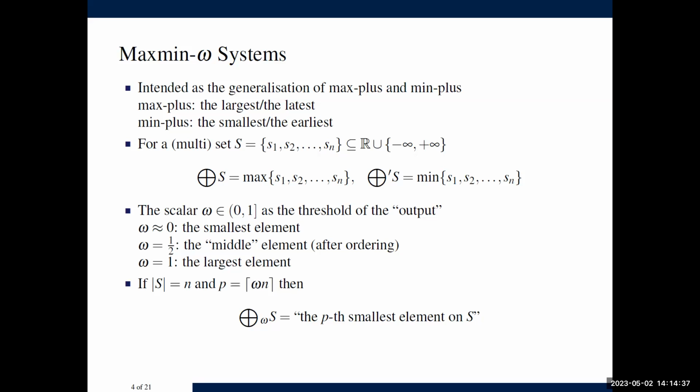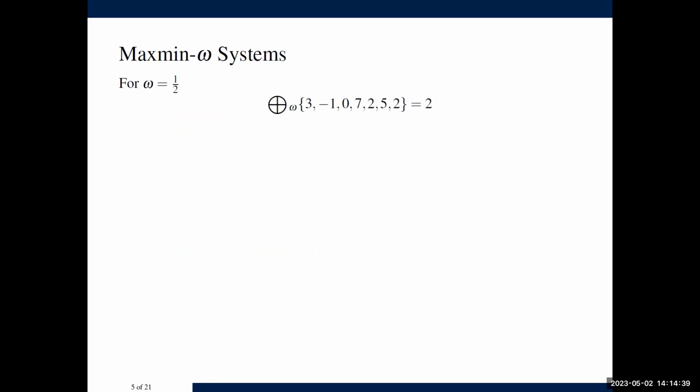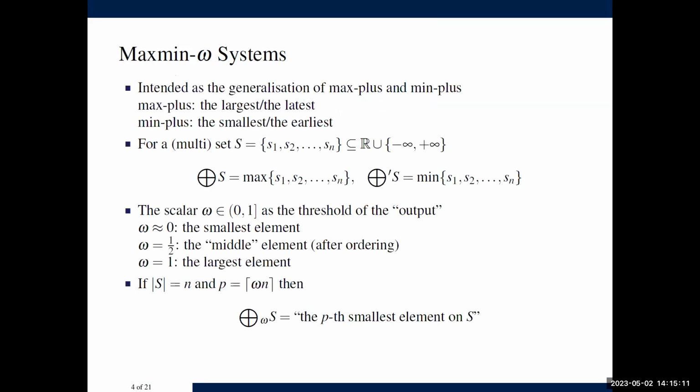So for example, we have this set. If we take omega equal to something small, close to 0, then obviously the output must be -1, because that is the smallest one. If omega equals 1, that will give us 7, because that is the largest one. Now, if omega equals a half, because we have 7 integers here, the value of P should be 4.